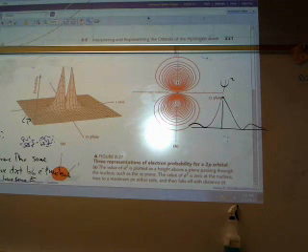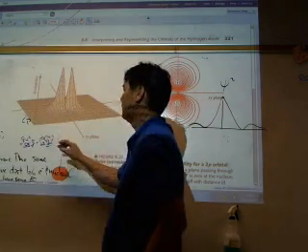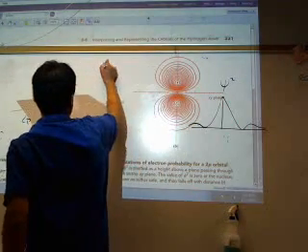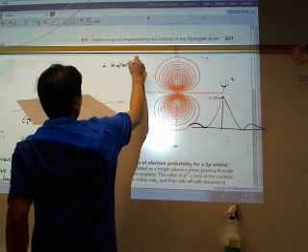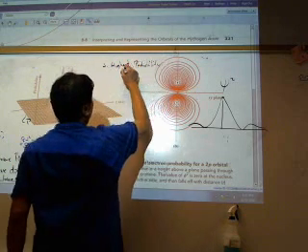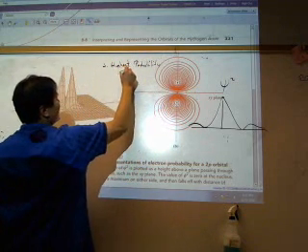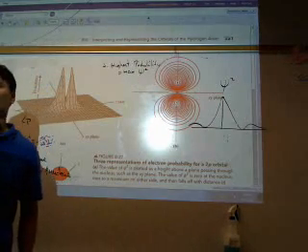And so to understand effective distance, I got to talk about one thing. We know where the highest probability is. And so A, highest probability is simple. Highest probability equals max psi squared, where the top of the peak is.